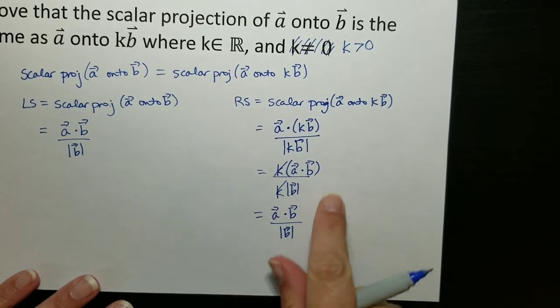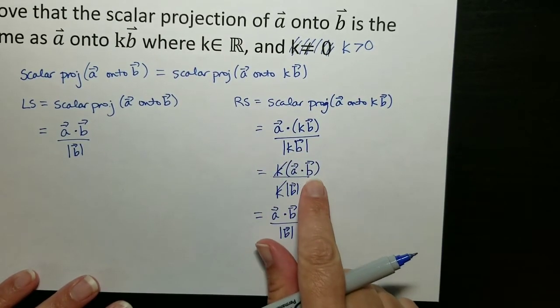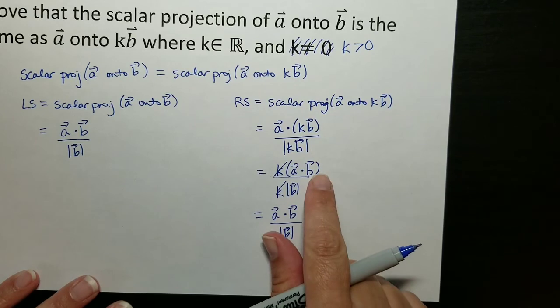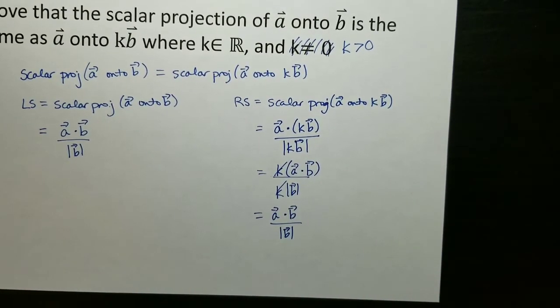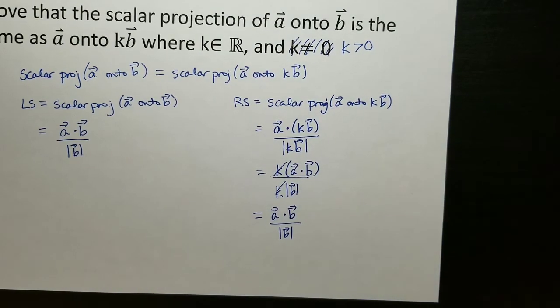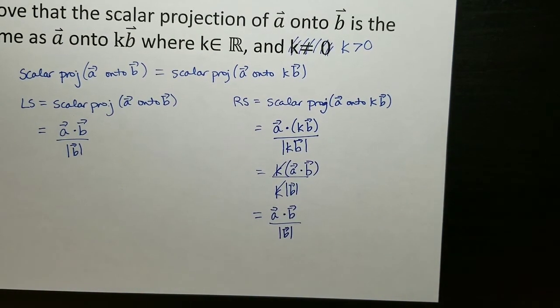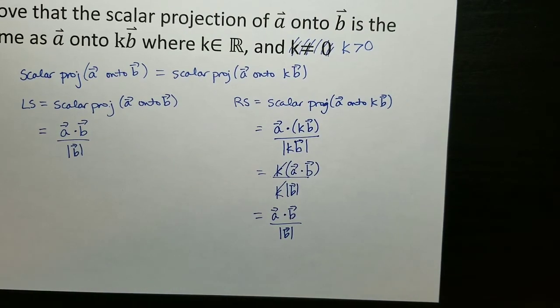So again, with any of these properties of magnitudes and dot products, you will have to be able to do proofs, and be able to work with those and manipulate those in order to prove properties even of seemingly unrelated things. So that's it. We're going to move on to vector projections in the next video.